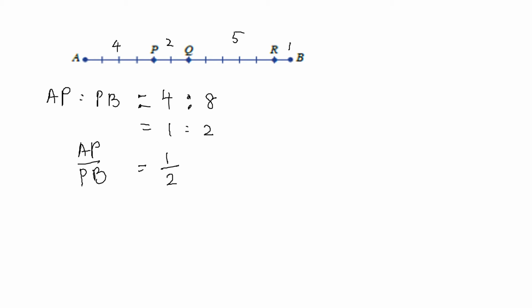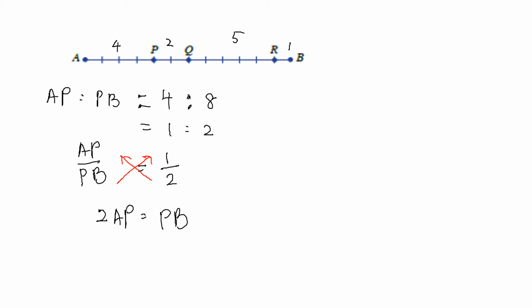So this is in fraction form. And from this fraction form also we can write, when we have cross multiplication, we can write 2AP equals to 1 times PB, which is 1 PB. So actually we are doing cross multiplication. Okay, that's why we can get this.